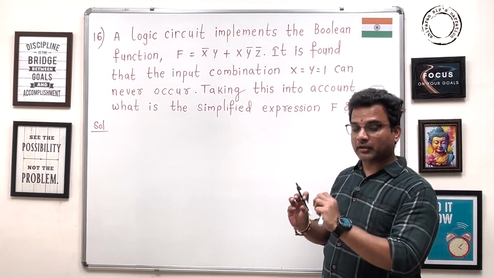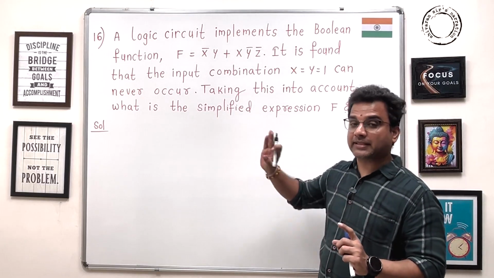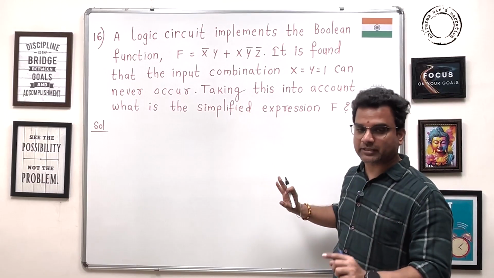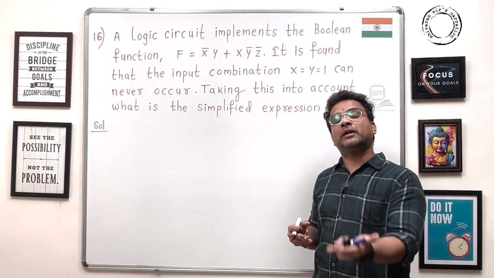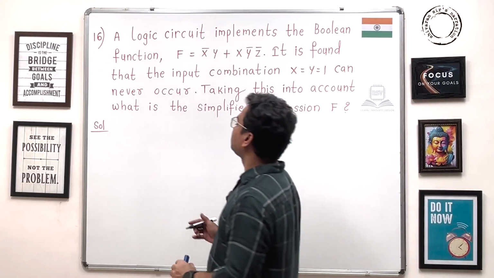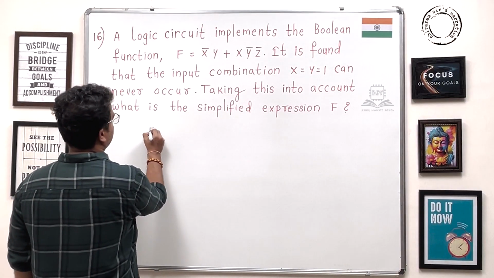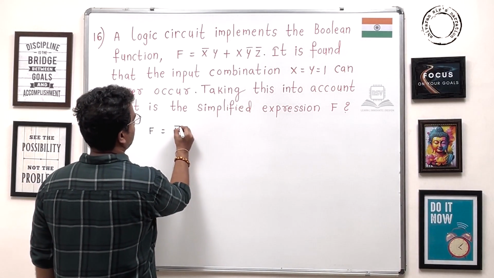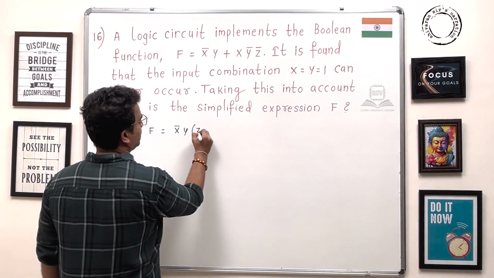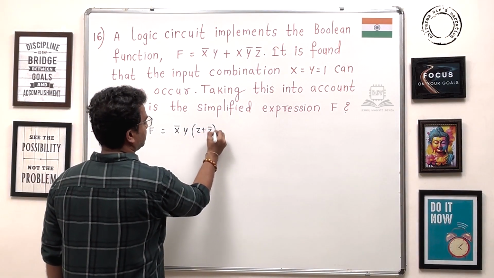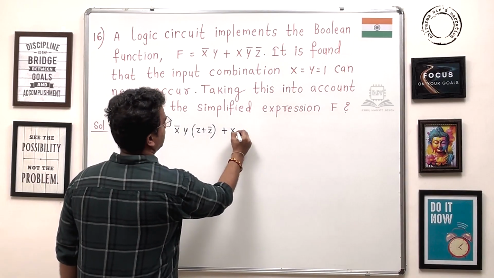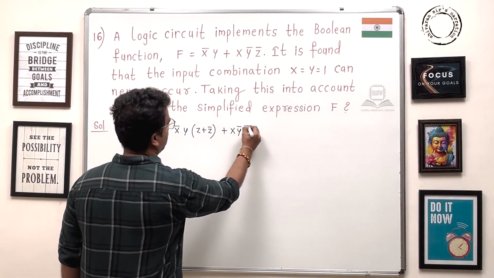Hence, here the extra step is, as he has given the minimized expression, you need to convert it into minterm fashion. Okay, therefore f equals x bar y. You know very well, you can add here z plus z bar, which is 1, plus x y bar z bar.